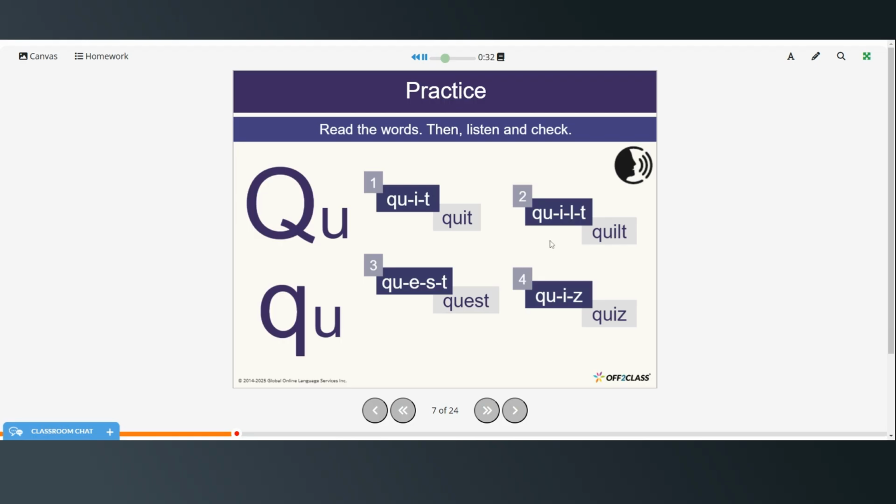K, W, I, L, T. Quilt. K, W, E, S, T. Quest. K, W, I, Z. Quiz.